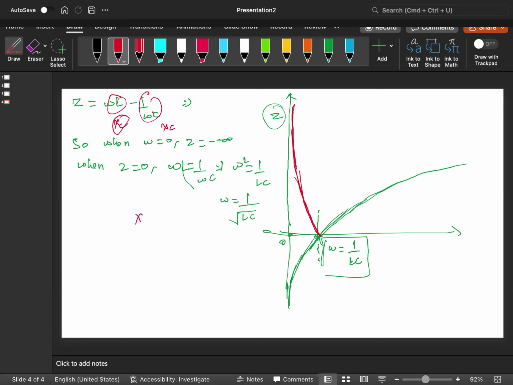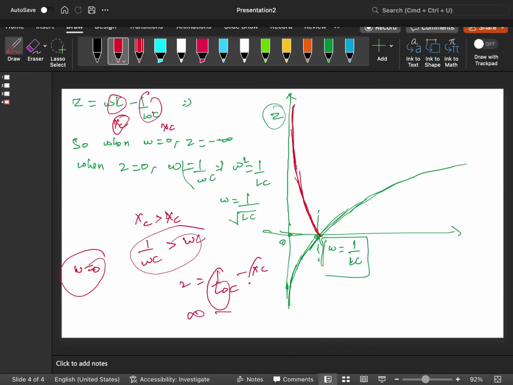If your XC is greater than XL, it means 1 by omega C will be greater than omega L. It means Z impedance will come out as 1 by omega C minus omega L. Here, if you put omega equals 0 for a while, this will become infinity.